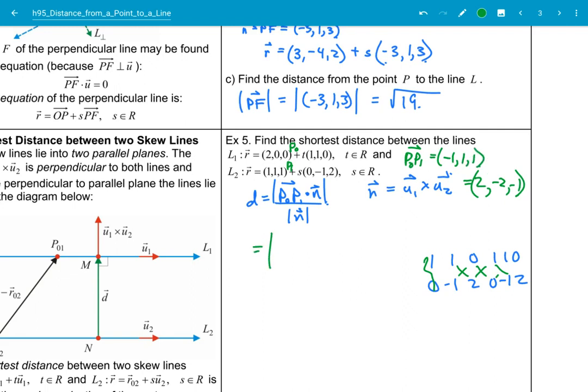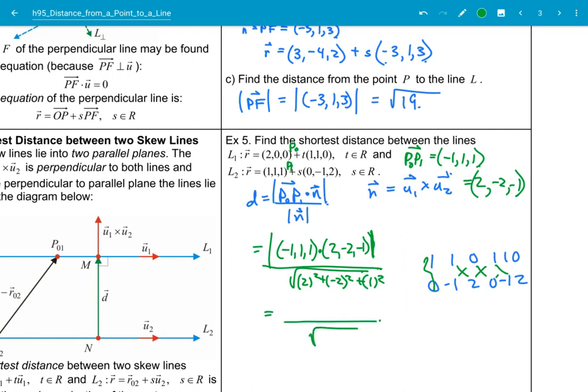So we see the magnitude of negative 1, 1, and 1 dotted with 2, negative 2, and negative 1 over the magnitude of the normal, which is 2 squared plus negative 2 squared plus 1 squared. So that is root of 9, which is 3 on the bottom. You have negative 2 minus 1 magnitude, so that's 5/3. The distance between these two skew lines is 5/3.